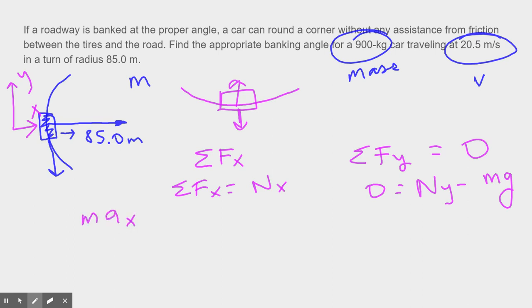Okay, we can replace the force with max. But since this is circular motion, we know that that's actually going to be centripetal acceleration. We've seen that in an equation before, so we can go back and look at our equations. And we're going to use this one.